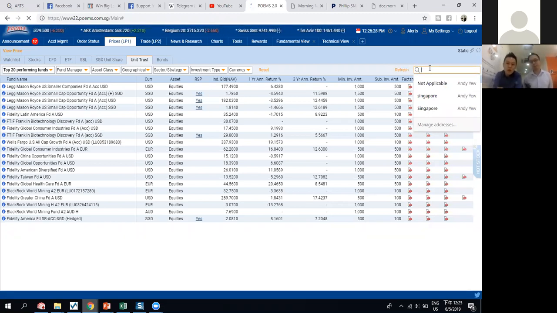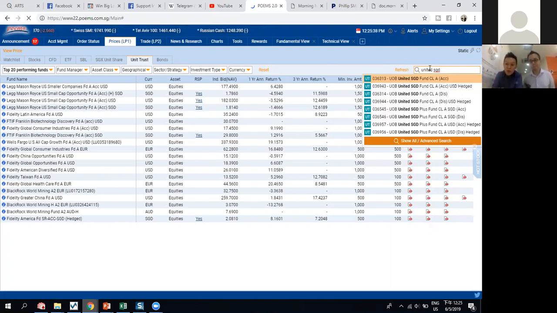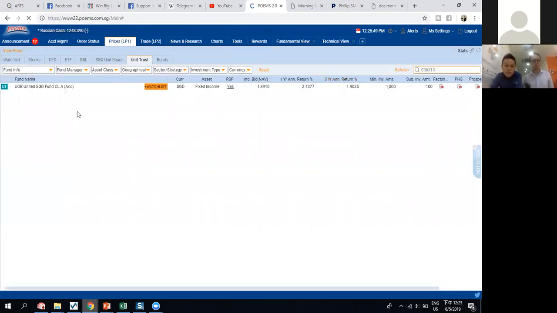One of the more popular ones is a fund known as the UOB United SGD Fund, one of the more popular unit trusts in Singapore. The code is 036313.